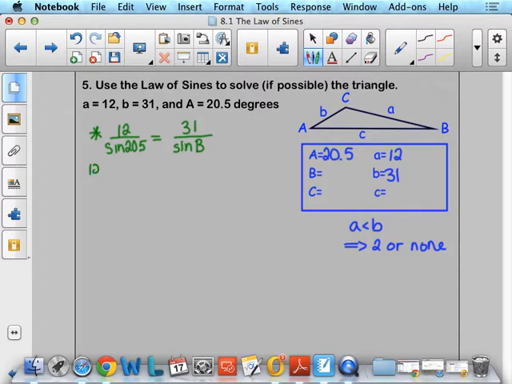Okay, cross multiply. Make sure you want sine of B by itself, so divide both sides by 12.